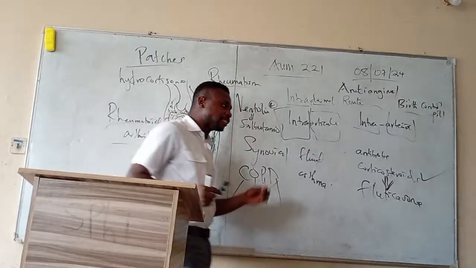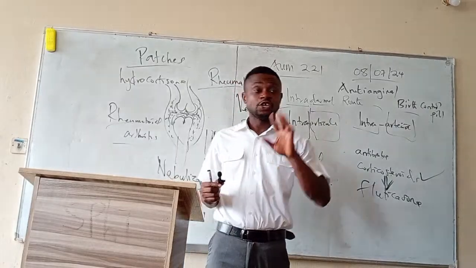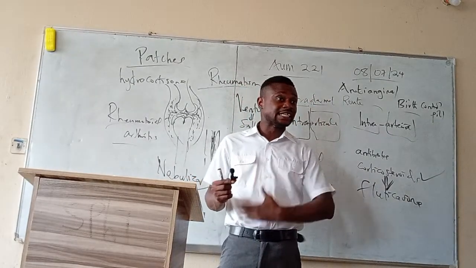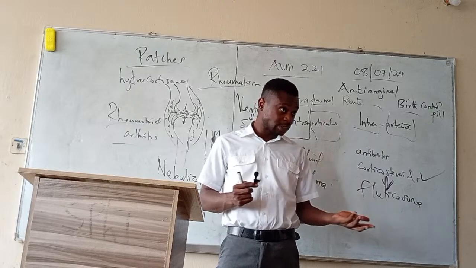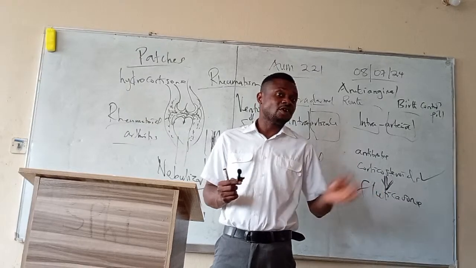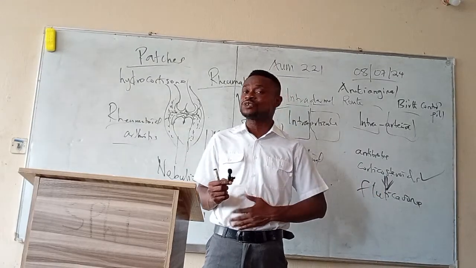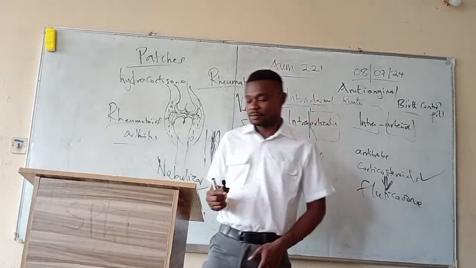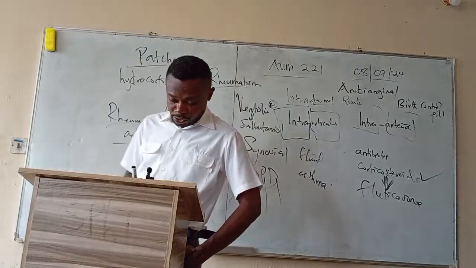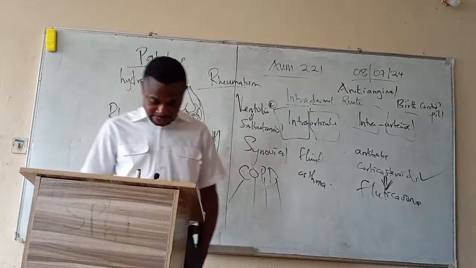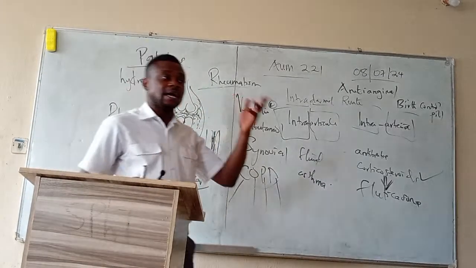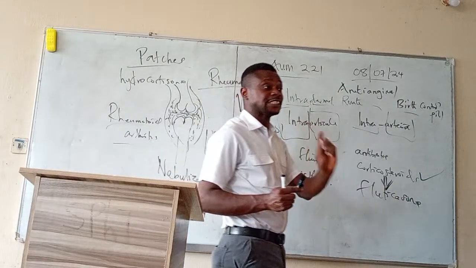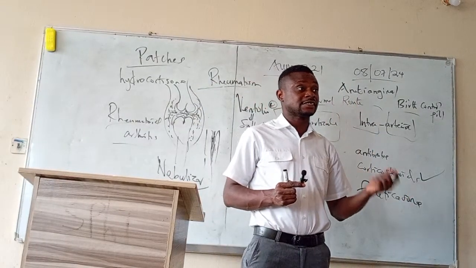Now, the third reason it's preferred is that some drugs irritate the GI mucosa. If the drug irritates the GI mucosa and needs to be delivered, the best thing is to go for a patch. Then another one is for drugs that have first pass effects in the liver.